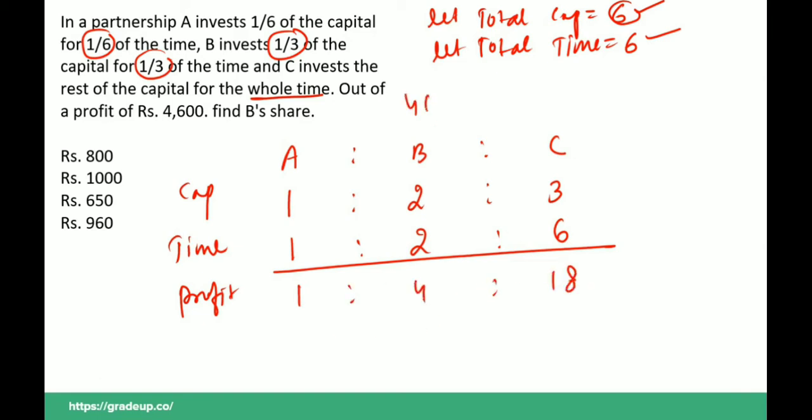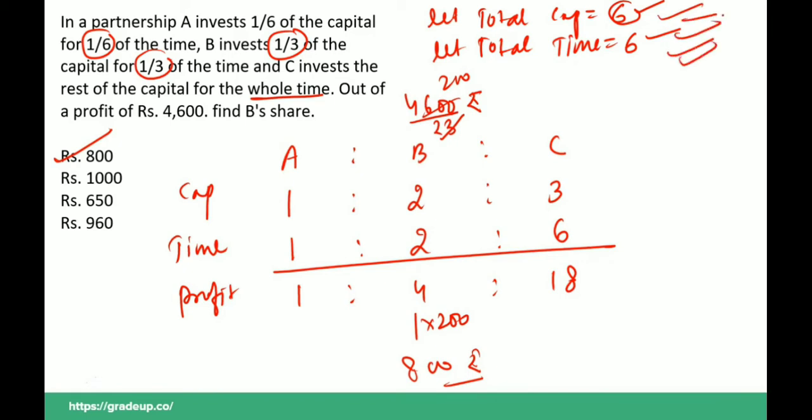Now, we have the total profit 4600. So, we will distribute this 4600 in 1:4:18. So this is 200, and we have to find the share of B only. So, the share of B is 800 rupees. I hope this point is clear to all of you. So, guys, this is the LCM technique to handle the fractions. All right. Now, let's move to the next question.